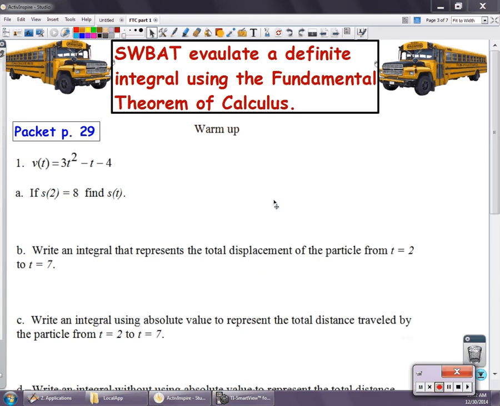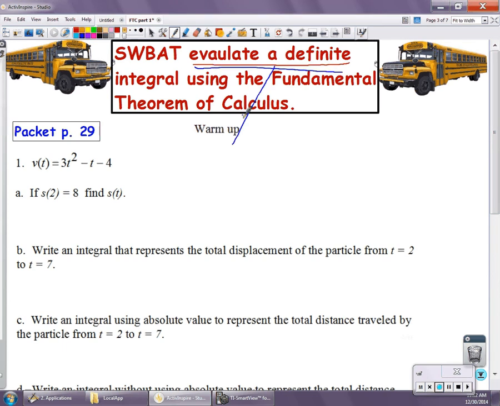In this video, as you can see from the SWABOT, students will be able to evaluate a definite integral using the fundamental theorem of calculus. Up until this point, to evaluate a definite integral, we have used basically geometry.